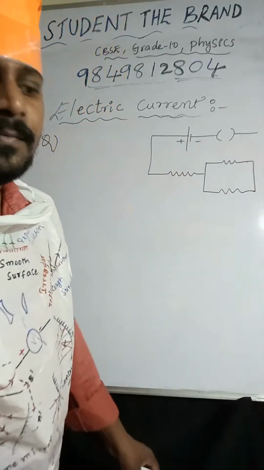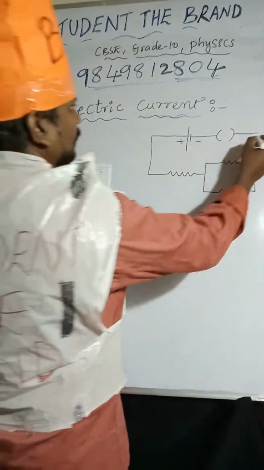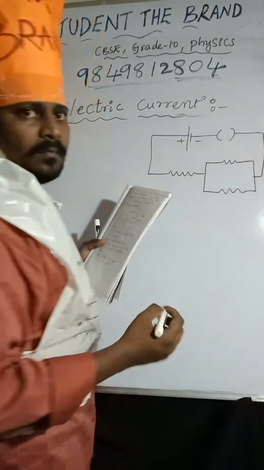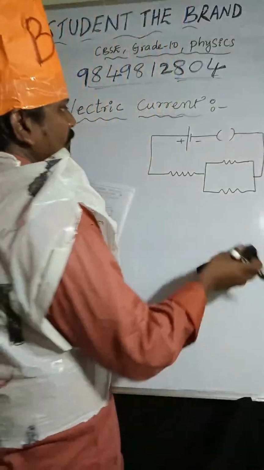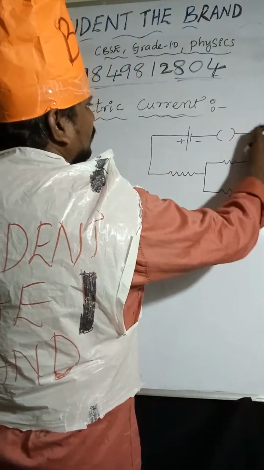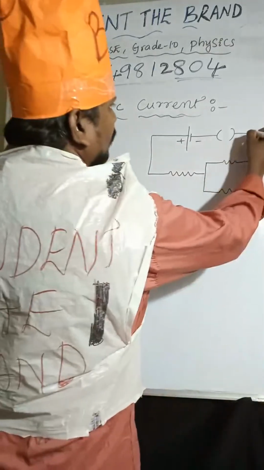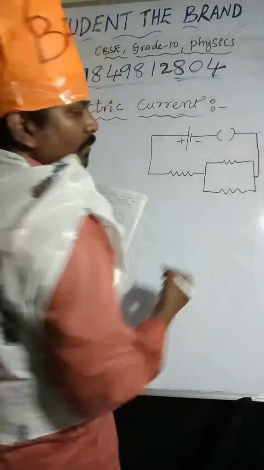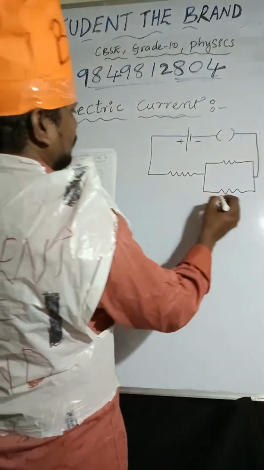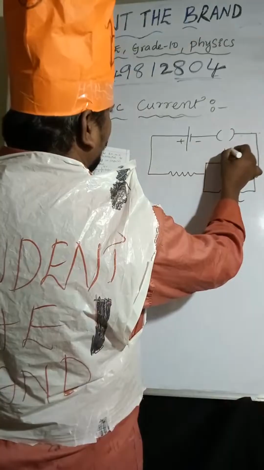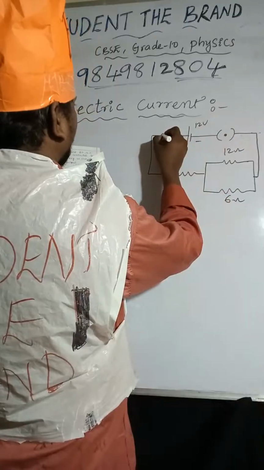Is it visible? Okay. Done. Now, this is 6 ohm and 12 ohm. This is a 12 ohm resistor. Sorry, potential difference.